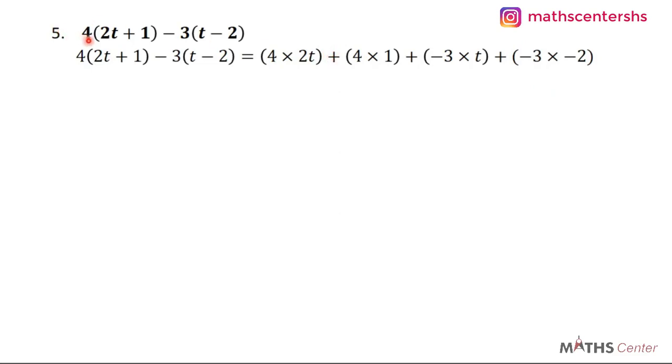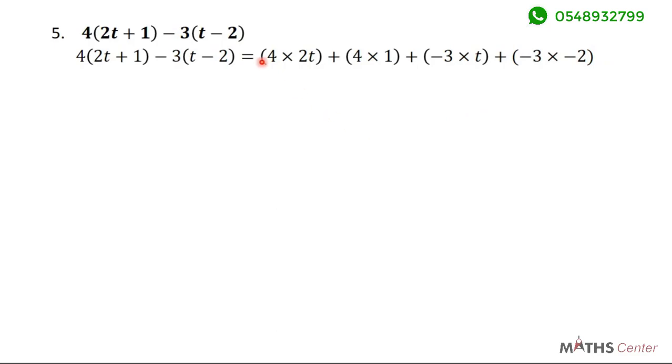So in the first instance, we have 4 times 2t in the first bracket, then plus 4 times what is inside the bracket here, plus 1. Then you bring your plus sign again, minus 3 times t in one bracket, then plus minus 3 times minus 2 in another bracket. So we move on.